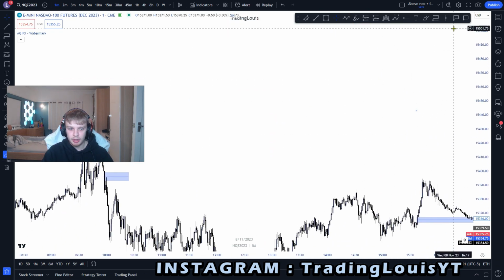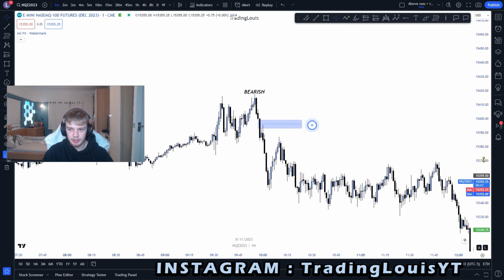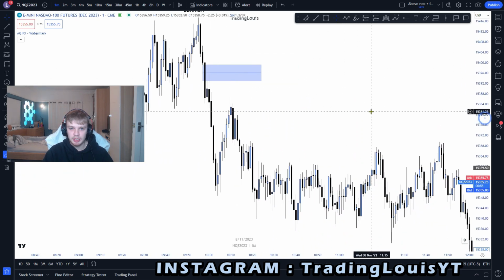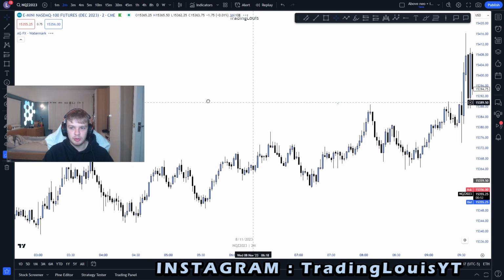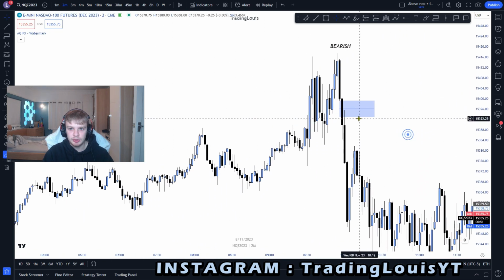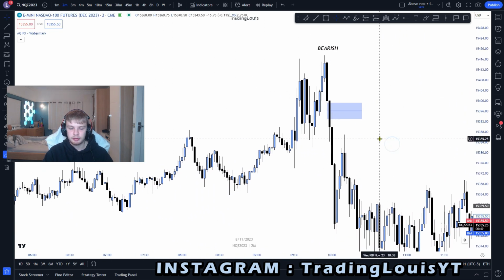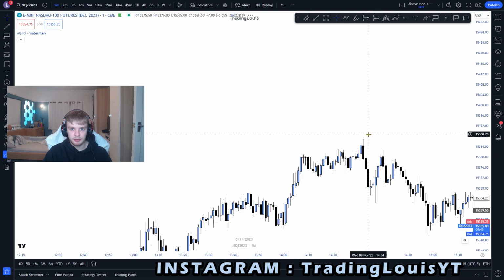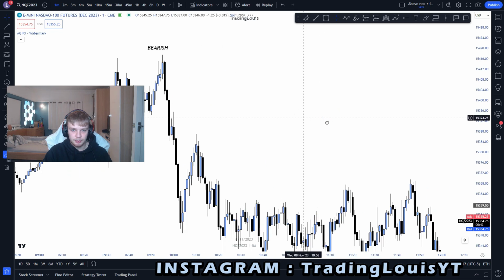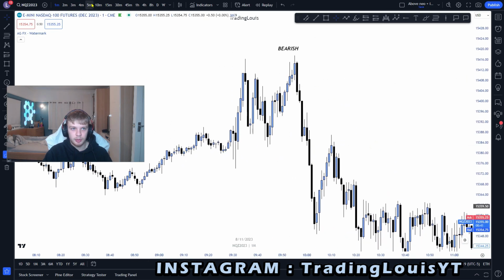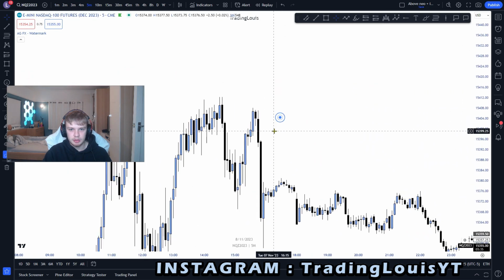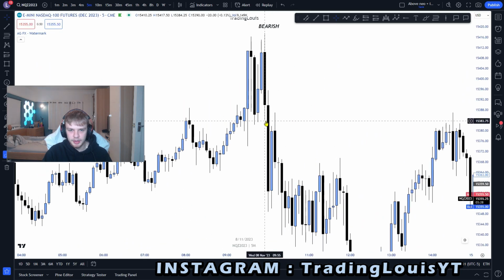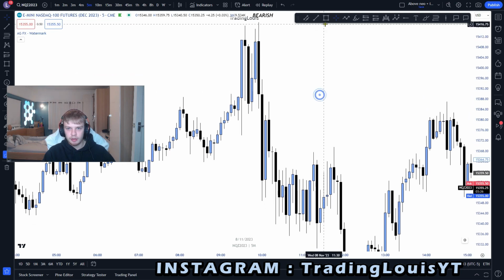When you are looking at fair value gaps, one way to find the ones that are more important than others is to go to different time frames. For example, in this leg on the 1 minute time frame, we have many different fair value gaps, whereas if we go to the 5 minute time frame, there is only one fair value gap.